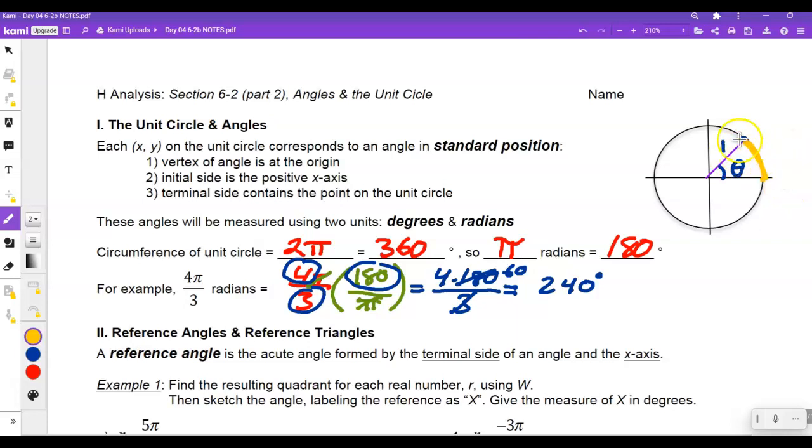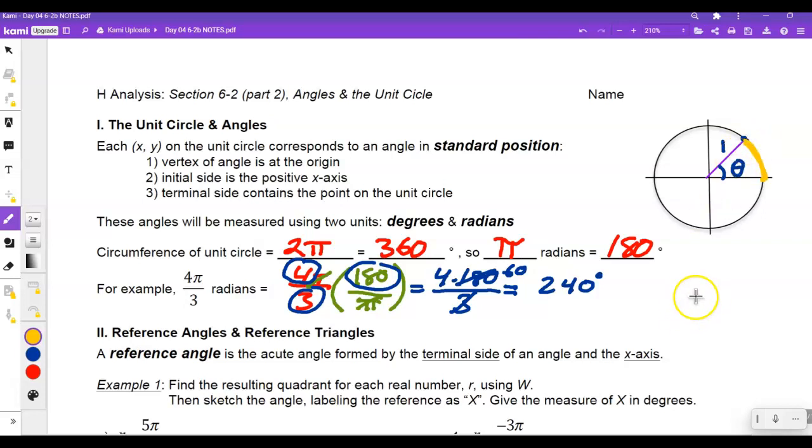If this wasn't a unit circle, say it had a radius of 2, the radians would be bigger, but theta would be the exact same. So there is a slight difference between degrees and radians, but with radians we always stick with the unit circle, so they tend to measure the same thing.